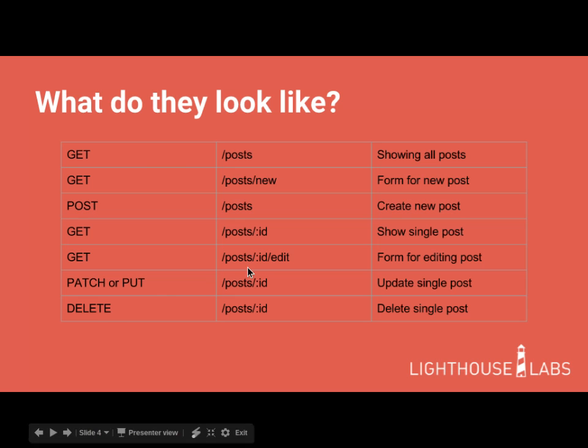And tied to each of these HTTP verbs is a route in your web application. So if you're looking at this one, we just want to show all the posts. This is a simple GET request, and you can probably imagine in your actions.rb, you're going to say get /posts, which you've probably seen in your Finstagram application.